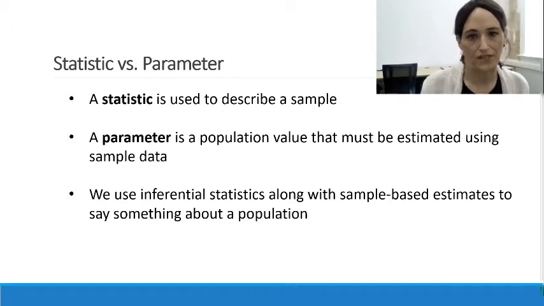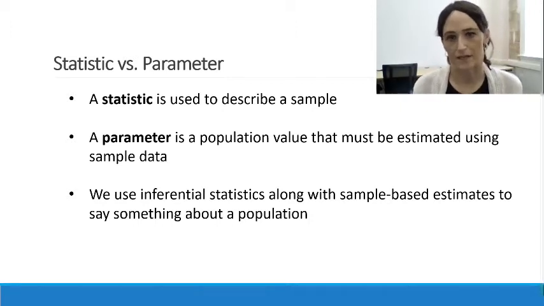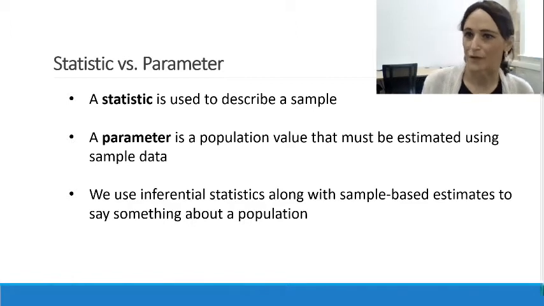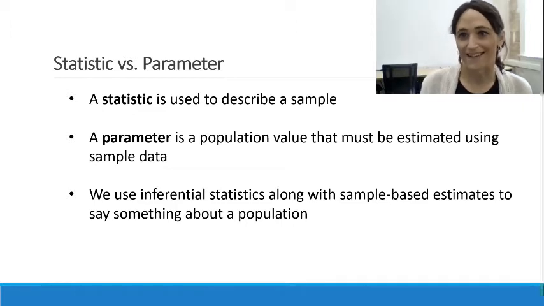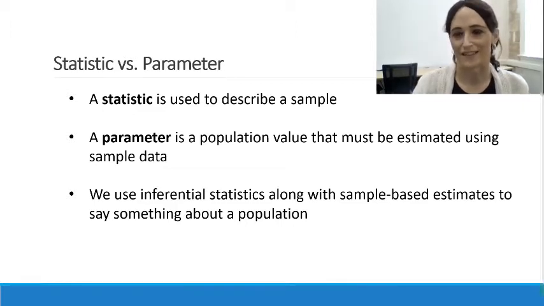We use inferential statistics along with sample-based estimates to say something about a population. And a certain amount of skepticism is probably already creeping in here and saying, well, we don't have all the information. How can we do this? Well, we can do it pretty darn well. And we'll give you some examples of where statisticians have gotten it right and statisticians have gotten it wrong.